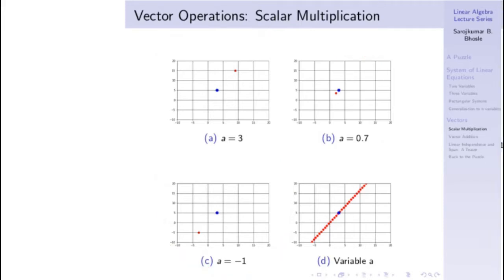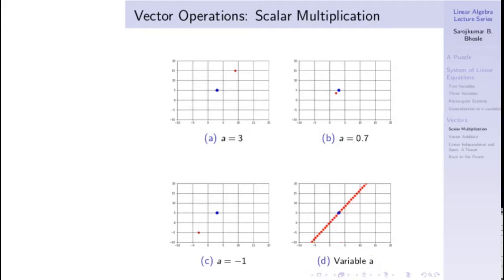Now let's see what happens if we vary a, or change a over a large range. This is what we get if we use a variable a. What we get is a set of points passing through our vector and the origin. This is nothing but a line, and this is what we get when we multiply this vector by a set of different scalars.